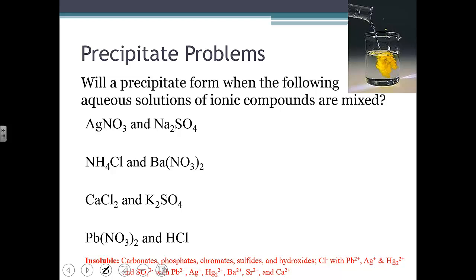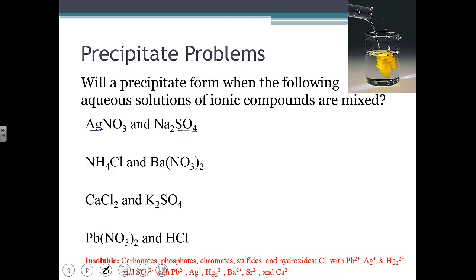Well, we would take the silver ions and the sulfate ions, and they'd go together, and we get silver sulfate. So we look down below, and it talks about sulfate. At the very bottom, it says sulfate is insoluble when it's combined with, oh, there it is, Ag+. So with silver, silver sulfate is going to be insoluble.